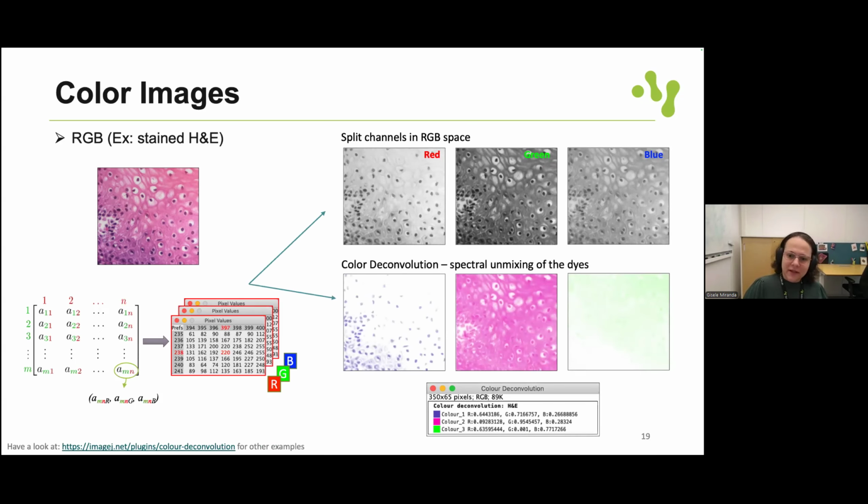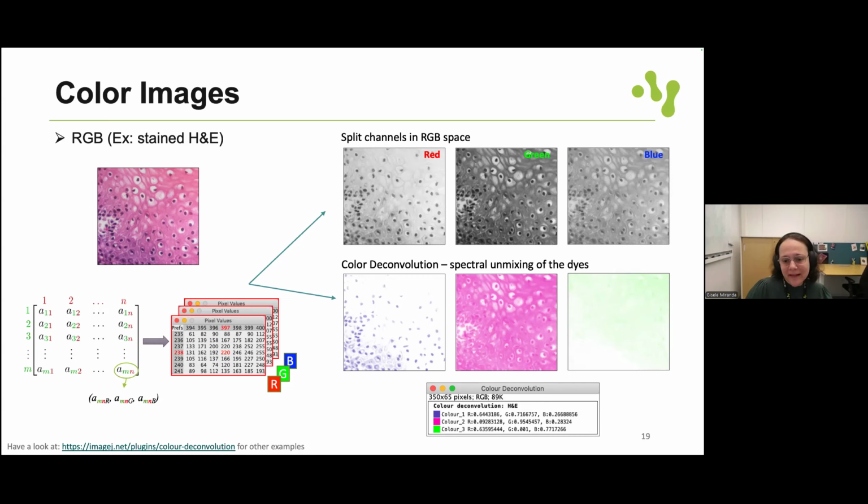We can see, for instance, what is highlighted in red, green, or blue. We can even process them separately. But another way, when you're working with color images, instead of splitting the channels in the RGB space, is to use what we call color deconvolution. You take advantage of the optical density of the dyes you are using, in this case hematoxylin and eosin, and you try to separate the channels as a function of these dyes.